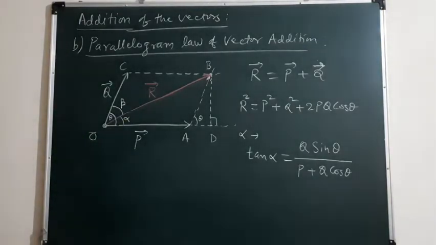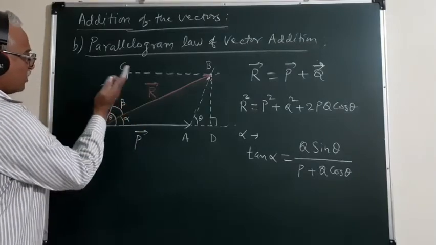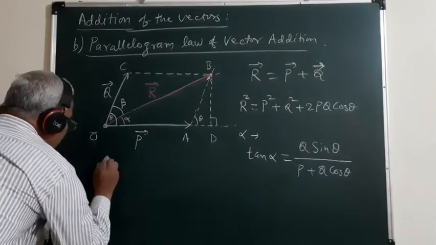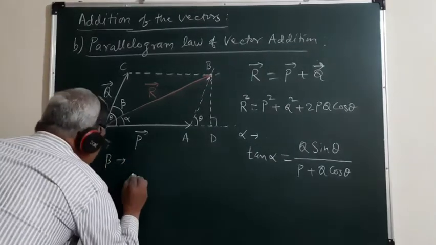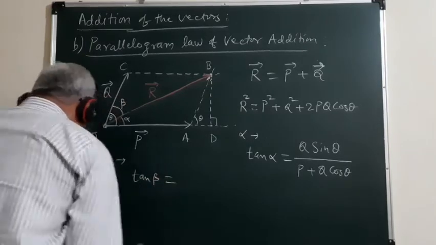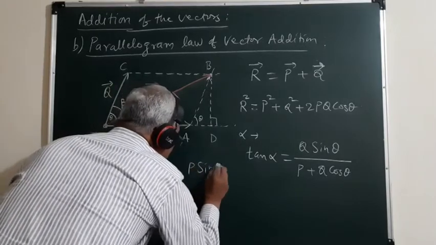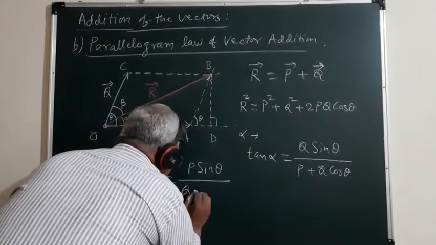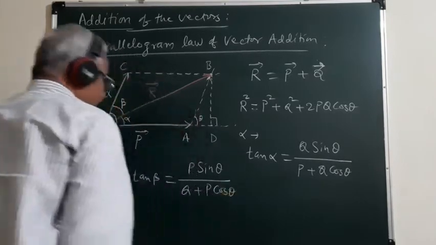Similarly, we can obtain beta, the angle subtended by R bar with Q bar. The angle beta is given by the expression tan beta is equal to P sin theta divided by Q plus P cos theta.